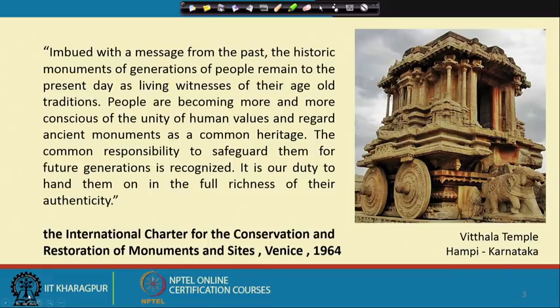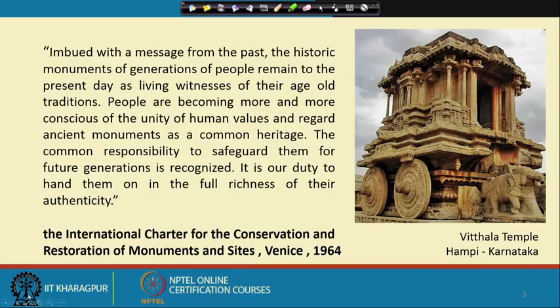People are becoming more and more conscious of the unity of human values and regard ancient monuments as a common heritage. The common responsibility to safeguard them for future generations is recognized. It is our duty to hand them on in the full richness of their authenticity."